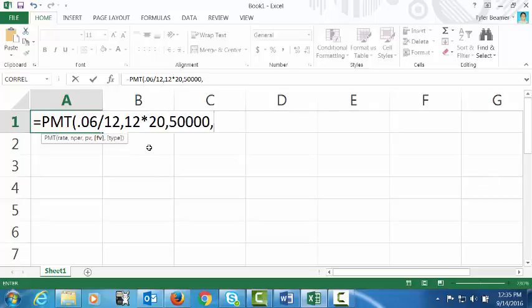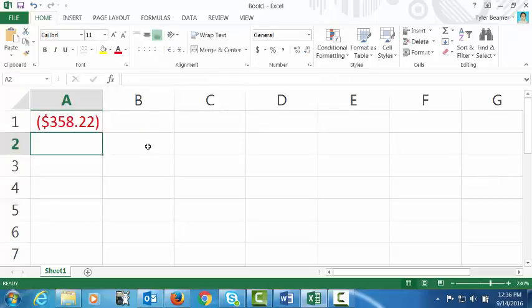Comma. The next field is future value. So we want the loan to be paid off, so the future value would be $0. Okay, and then we'll leave type blank. Basically the type is, are you making payments at the beginning of the month or the end of the month, and we'll use the default on Excel, which I'm pretty sure is the beginning of the month.